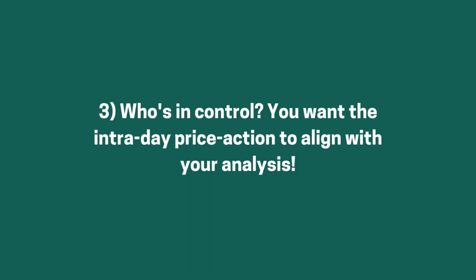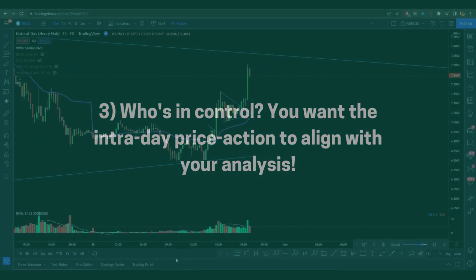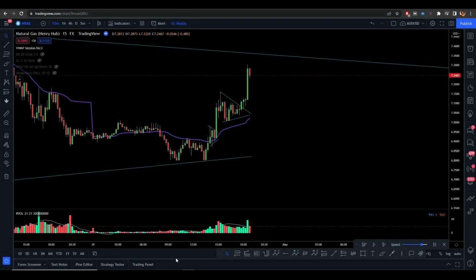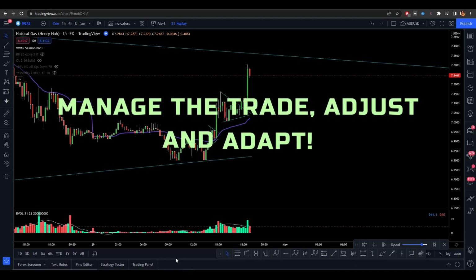And at last, step 3, you would need the intraday price action to align with your play, to align with your analysis. And then of course, let's not forget, when you are in the trade, you have to manage the trade, you have to adjust and adapt.